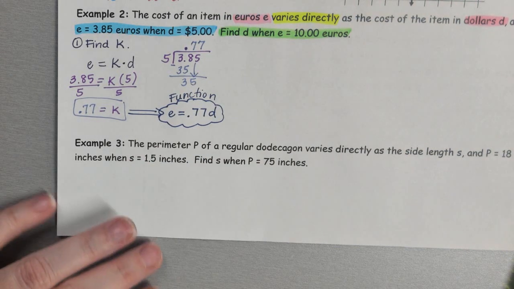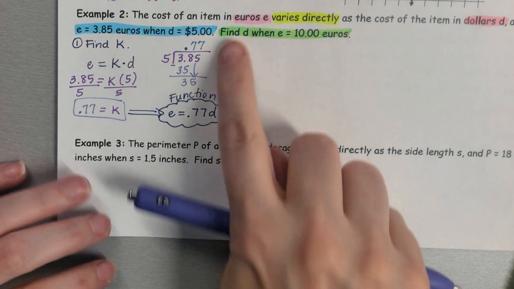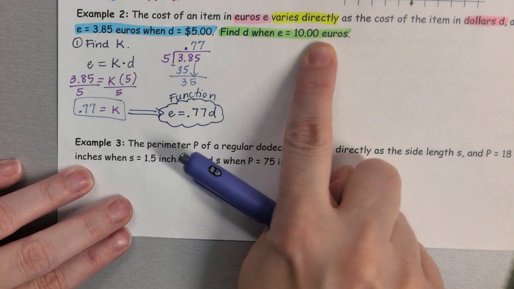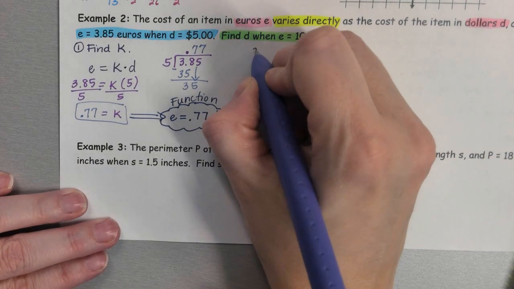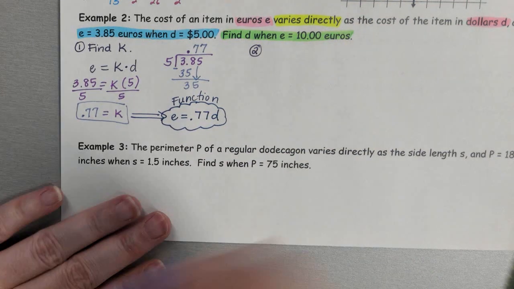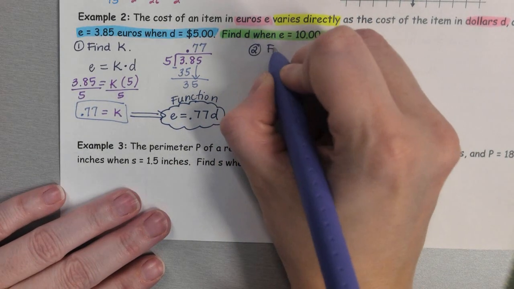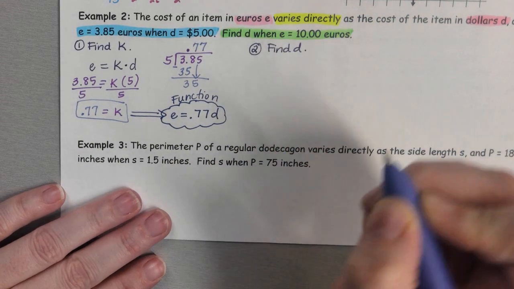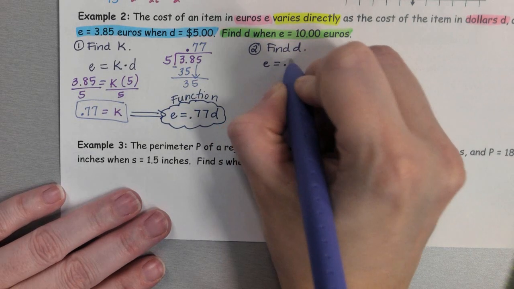Okay, now your second step is going to be to find D when E equals 10 euros. So step 2 says to find D. So we're going to use our equation.